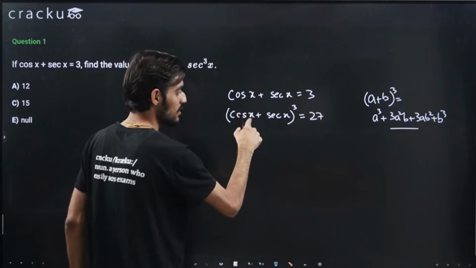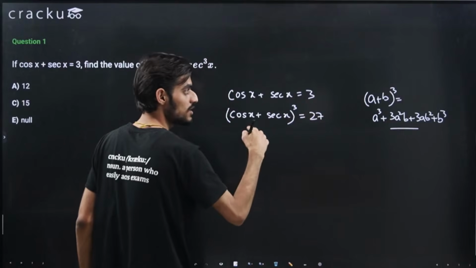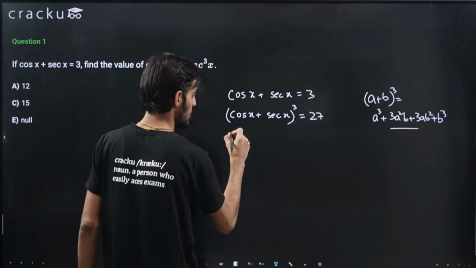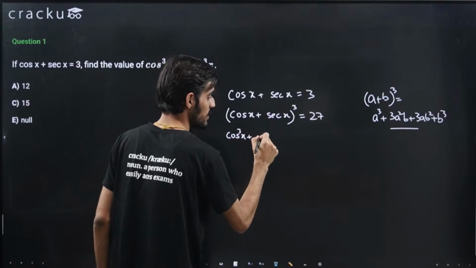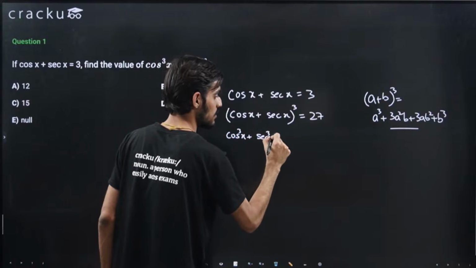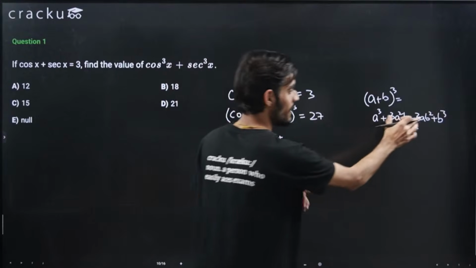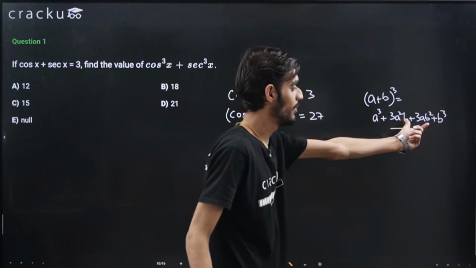Here a is cos x and b is sec x. So I just need to do the cube. This will be equal to cos cube x plus sec cube x. I've just written these terms initially, and now I will write the remaining two terms.